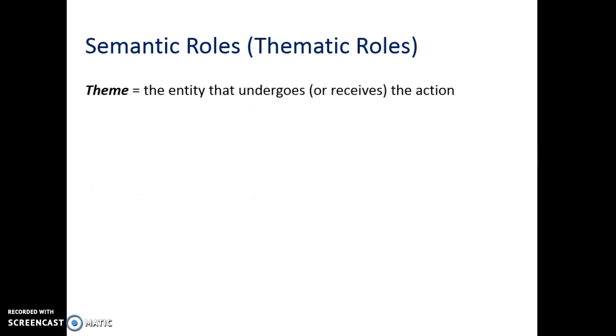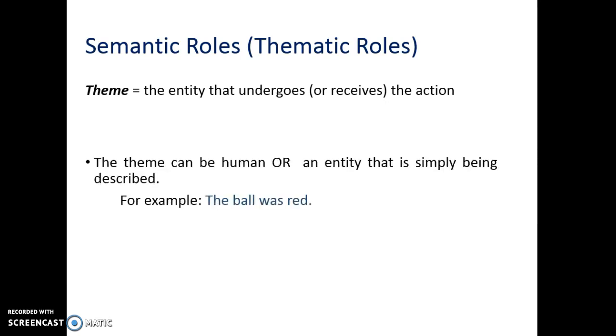The second one is theme, which refers to the entity that undergoes or receives the action. For example, Basim kicked the ball. Yes, you were correct. The theme can be plus human or an entity that is simply just being described. For example, the boy was red.